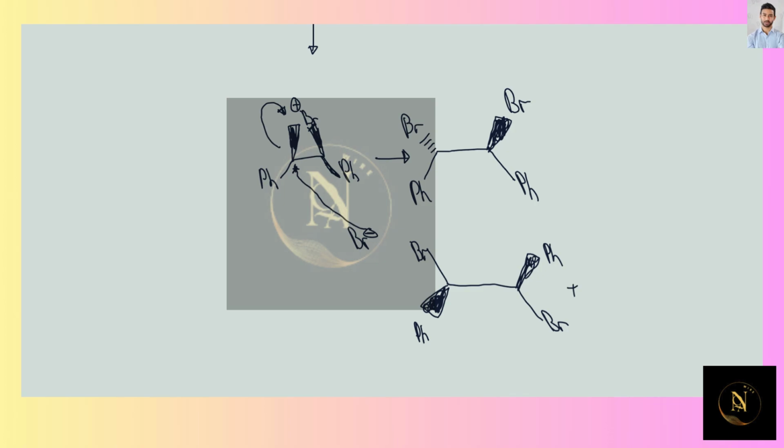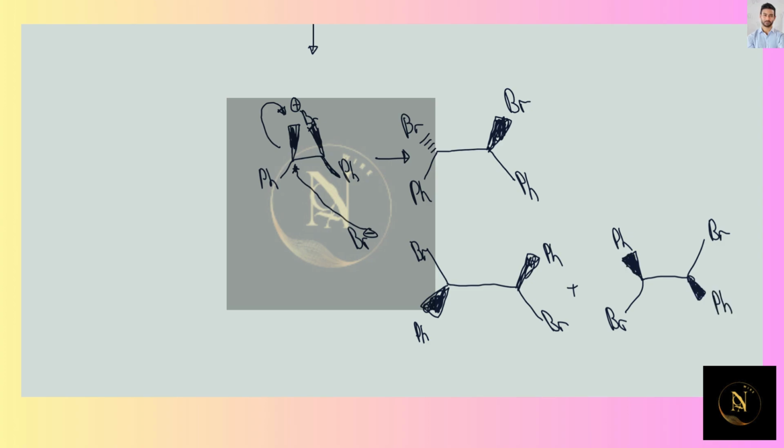Under this condition, the enantiomer that would be generated would also be the one that we are going to show here. Bromine and bromine need to be on opposite sides since they are going to be added in an anti fashion, and our phenyl groups over here. This phenyl also is going to stay over here.